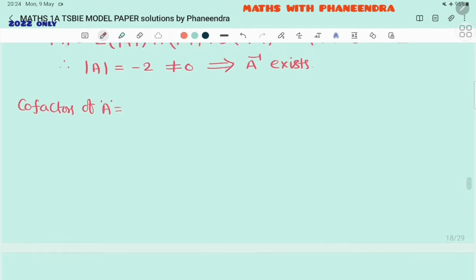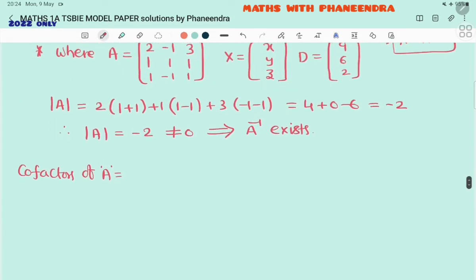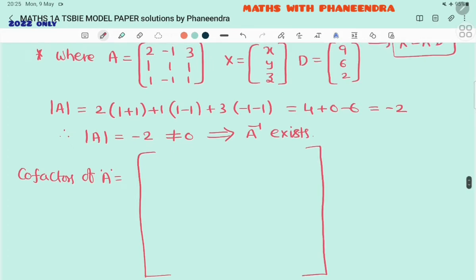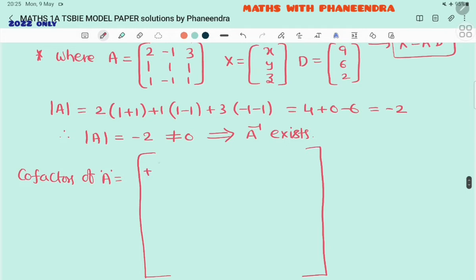See here, cofactors of A. First plus, cofactor of element 2 we are writing 1 1 minus 1 1. Minus mod cofactor of minus 1, 1 1 1 1.